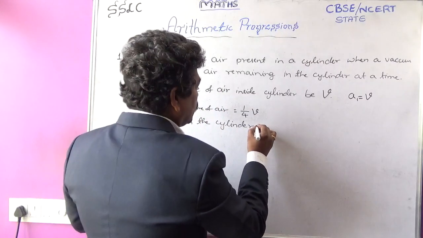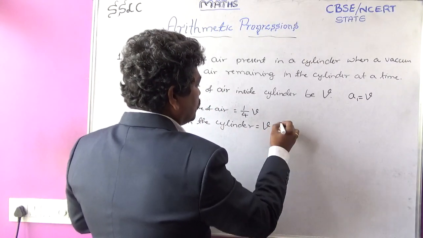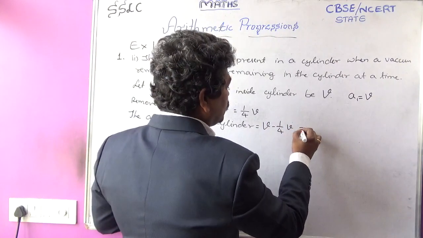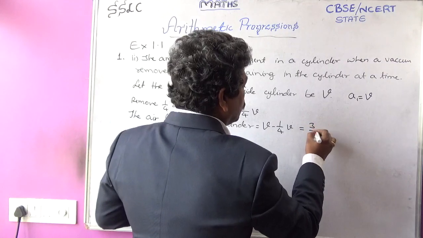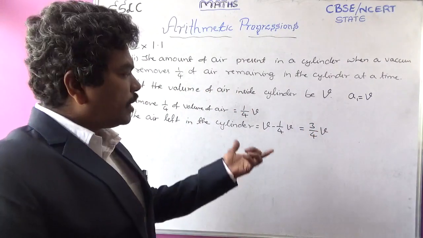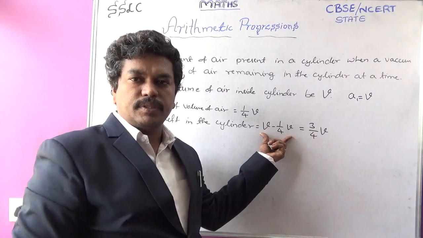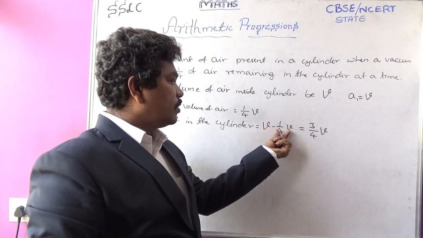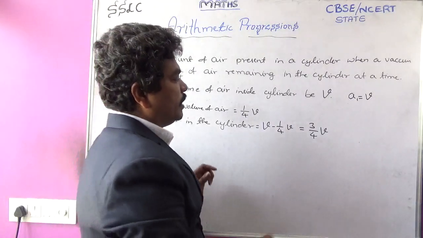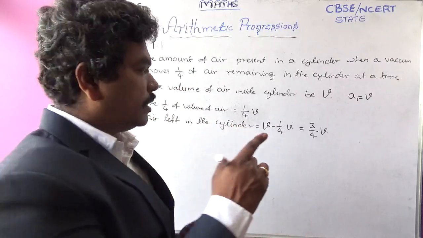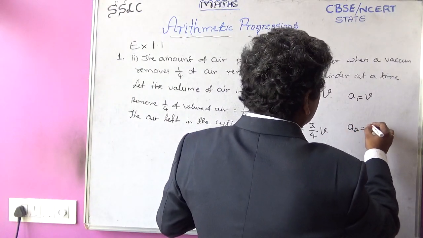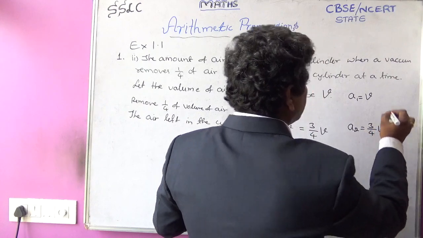So the total volume is V and the removed volume is 1/4 of V. If we remove this 1/4 of V, we get 3/4 of the volume remaining. How can we write it? You have to take the LCM of these two. That means here 1V is there, 1/4 of V is removed. Then we get 3/4 of the volume of the air remaining in that one. So this becomes A2.